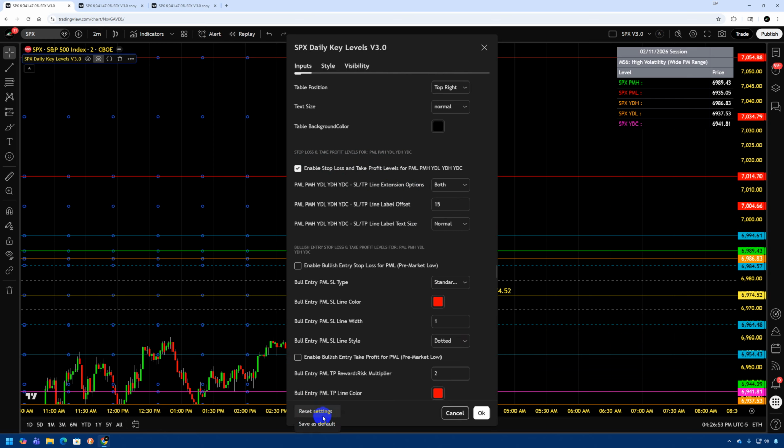Now again, we'll go back and set this to the defaults. As you can see here, Enable stop loss and take profit levels for these levels is already enabled. However, even though this is enabled, this is a master switch, and you still have to enable the specific levels and type of trades that you want to do, either bullish or bearish.